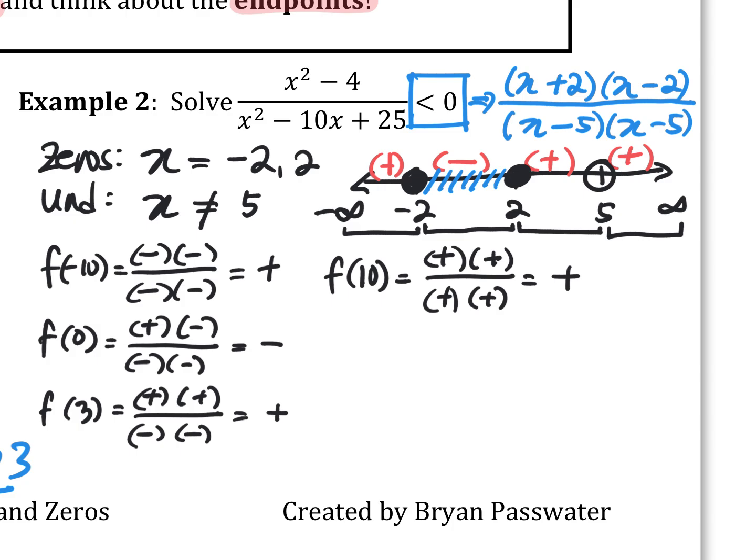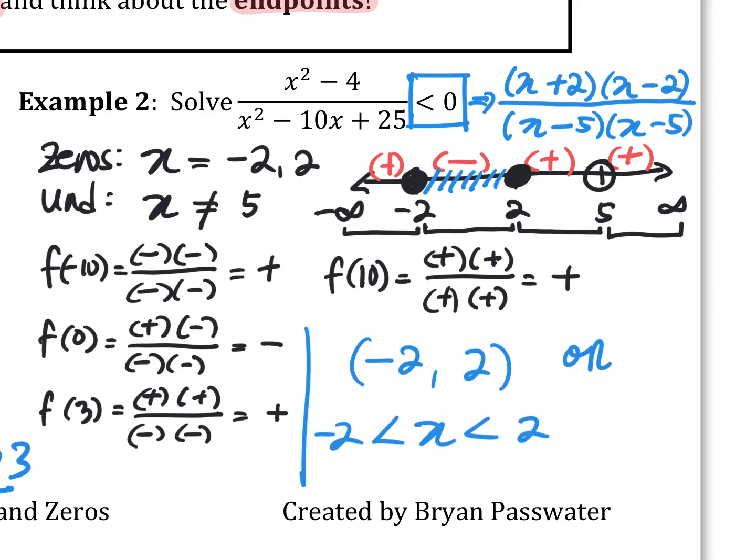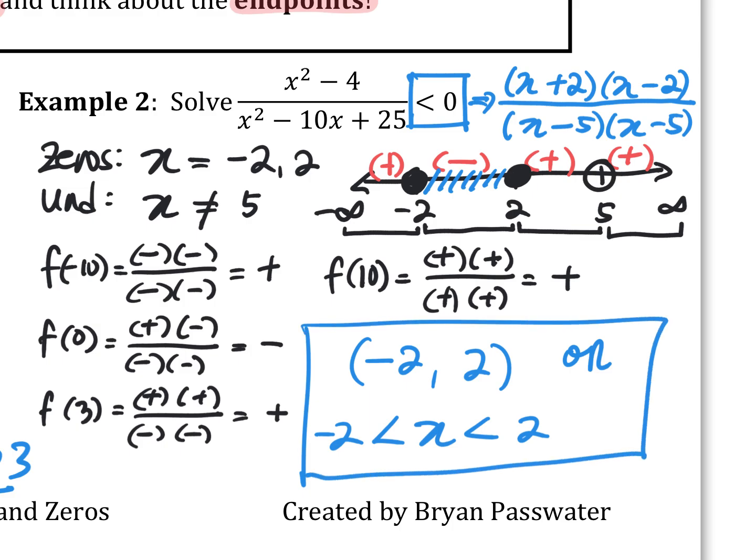The final answer here is that the rational function will be less than 0 on the interval of negative 2 and 2. Or we can also write it this way, the x value less than negative 2 and 2. Okay, so this is the answer to this exercise.